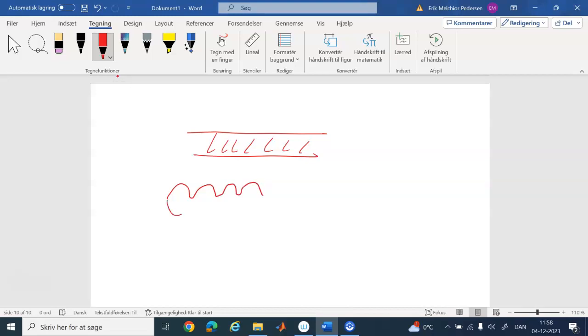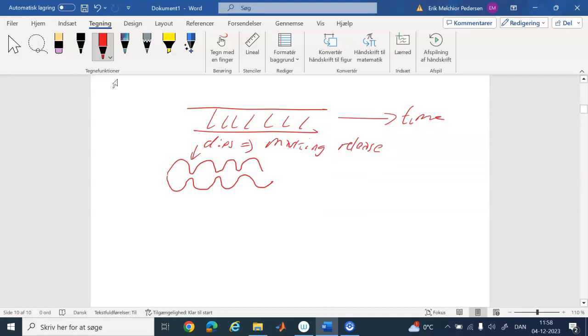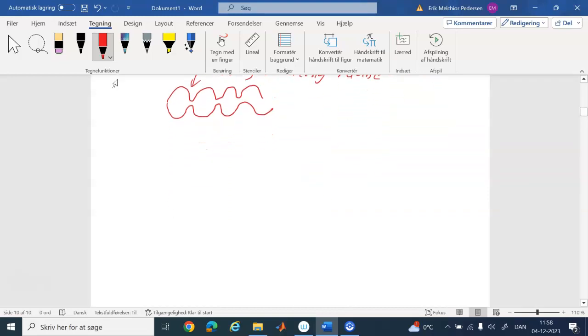Or the opposite. There are dips here, and dips bring masking release. It's easier to understand if there are dips in the amplitude over time. The noise fills the gaps, the dips.